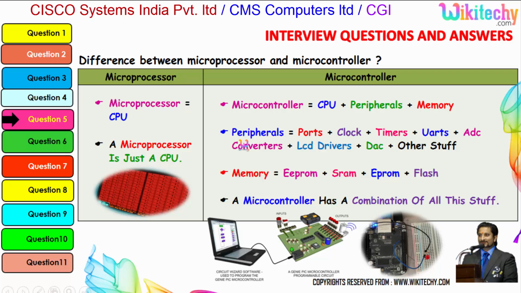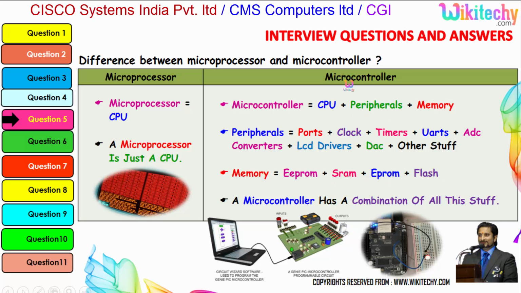The peripherals include ports, clock, timers, UARTs, analog to digital converters, LCD drivers, digital to analog converters and many other things. Apart from that, the memory includes EEPROM, SRAM and flash memory. So a microcontroller has a combination of all these.